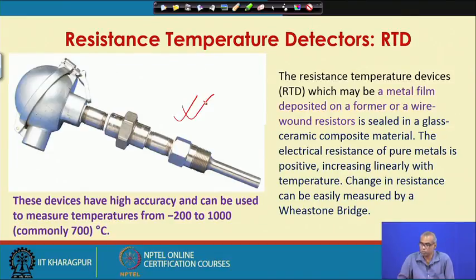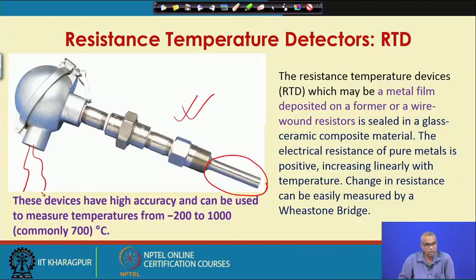The electrical resistance of pure metals is positive and it increases linearly with temperature. Change in resistance can be easily measured by a Wheatstone bridge principle. So, inside this you have the resistance wire or the thin metallic film, which will work as a resistance thin film, and the extension leads will come out here and this will go to one arm of the Wheatstone bridge.